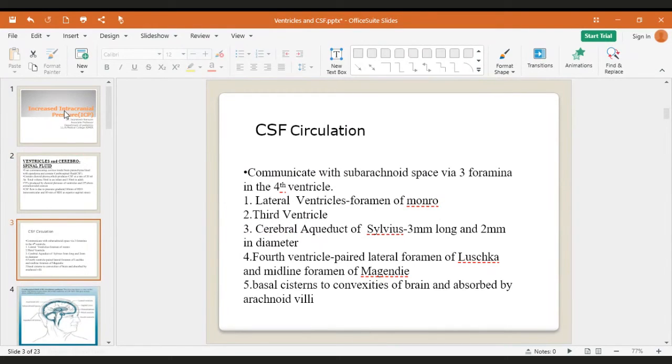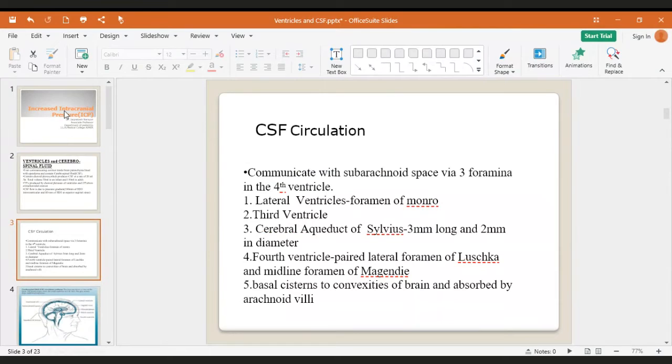First, the CSF is produced in the lateral ventricle and circulates through the foramen of Monro, and CSF drains into the third ventricle. From the third ventricle, through the aqueduct of Sylvius, which is 3 mm long and 2 mm wide in diameter, CSF flows toward the fourth ventricle.